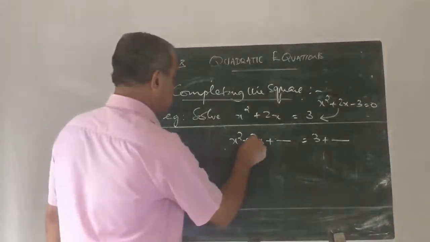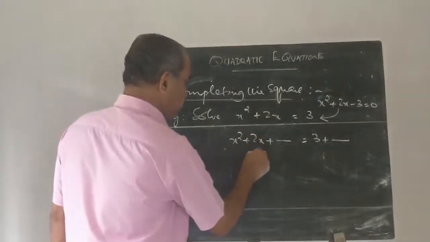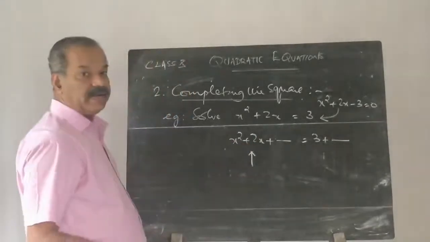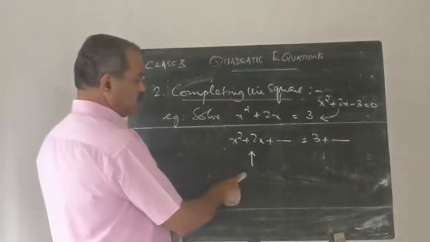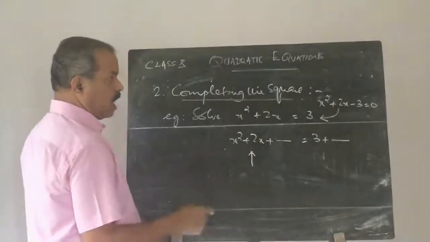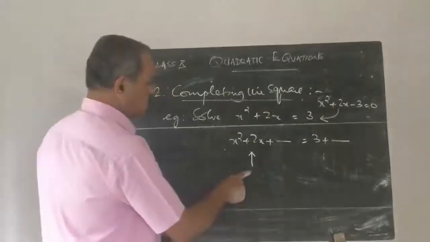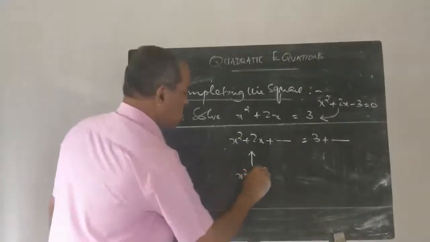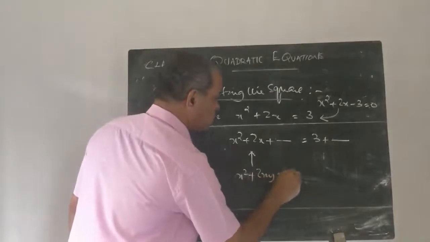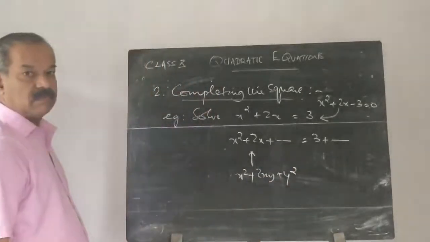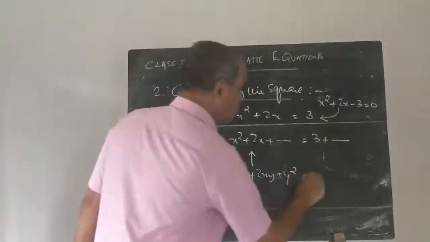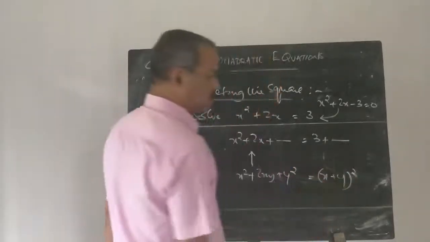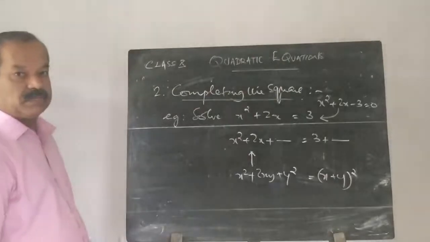For that, let us compare this LHS with the first identity. What is the RHS of the first identity? X square plus 2xy plus y square is equal to x plus y the whole square.